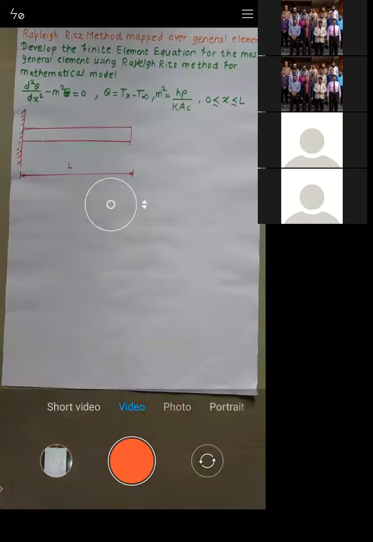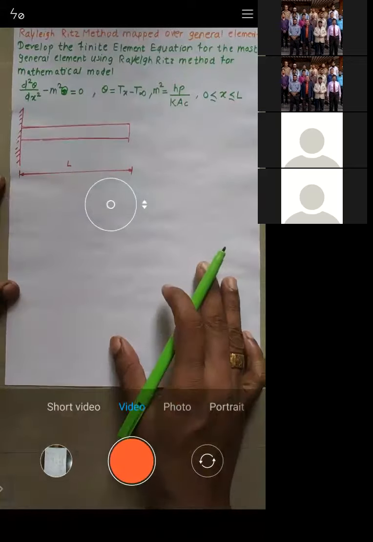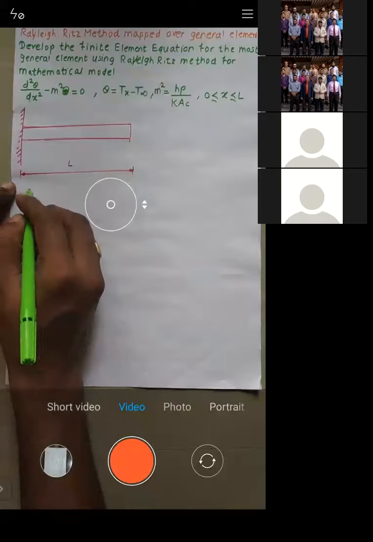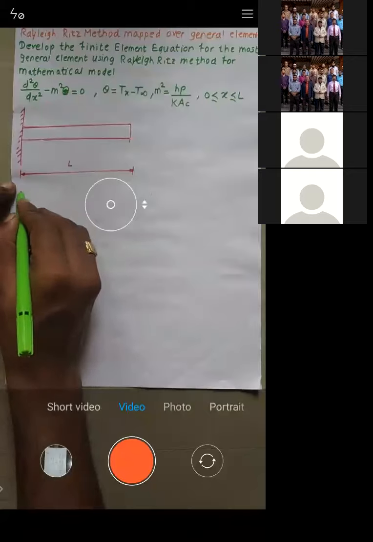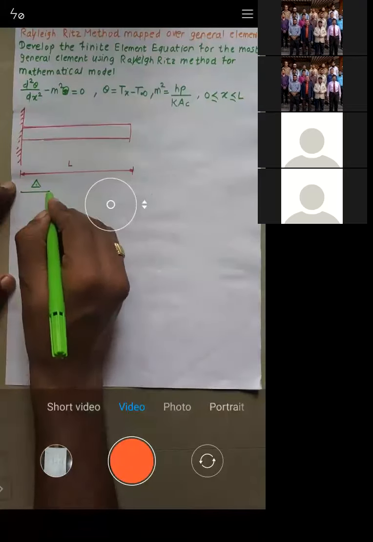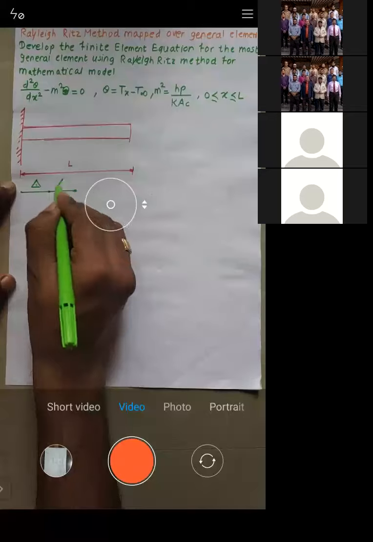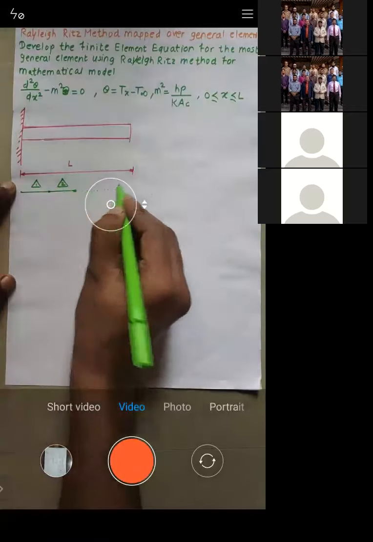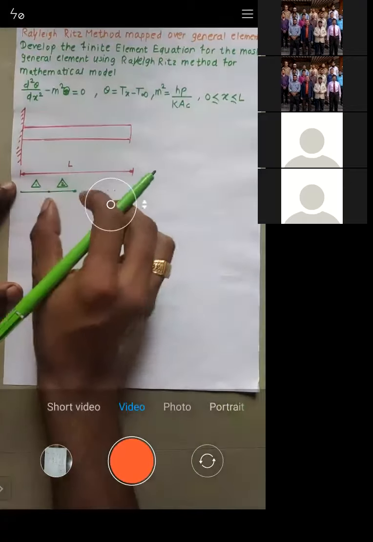Now what we will do here is divide this fin into a number of small parts. This might be part number 1, this might be part number 2, and like that we have many smaller parts.